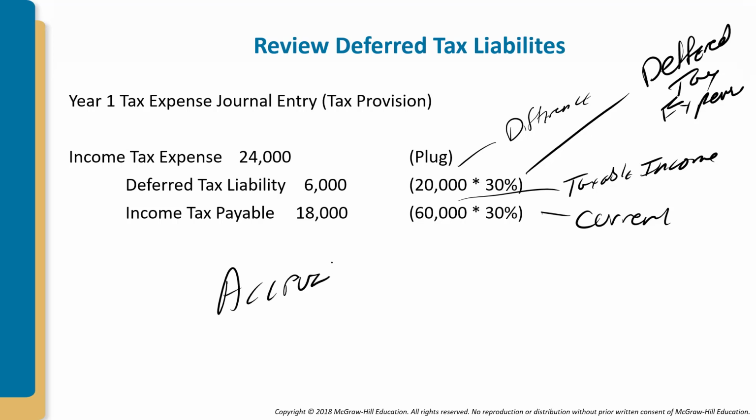And under accrual accounting, we recognize an expense. We recognize this $24,000 when it's actually incurred, not when we pay it. This is the amount we have to pay to the government today, and this is the amount we're going to have to pay to them in the future. Again, it only makes sense if you realize that we're thinking of it from the standpoint of financial accounting.